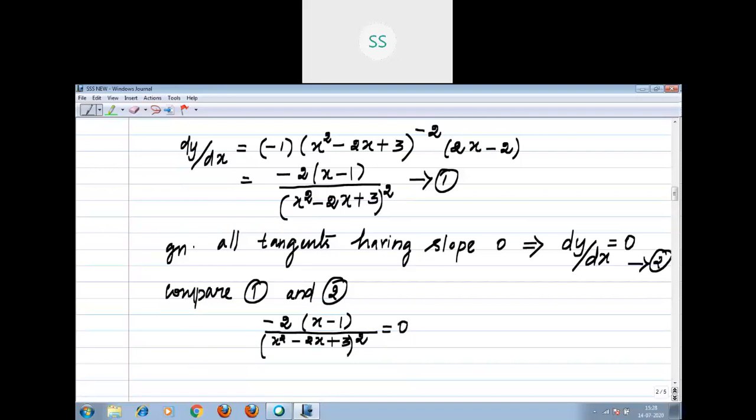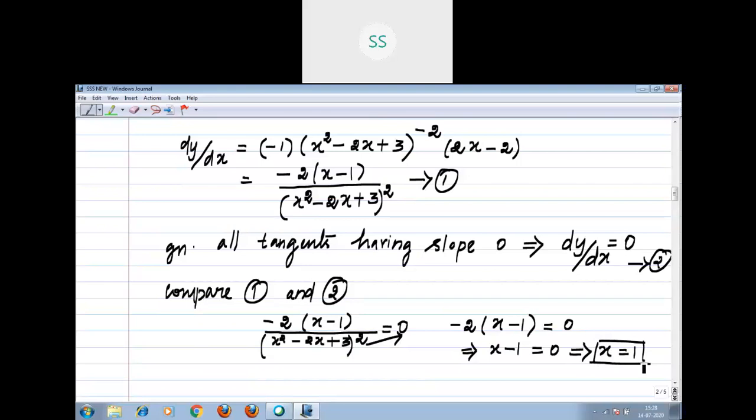The left hand sides are equal, so the right hand side is automatically equal when you compare. Now you cross multiply. What you will get: minus 2 into x minus 1 equal to 0, which implies x minus 1 equal to 0, because minus 2 is not equal to 0, which implies x is equal to 1.